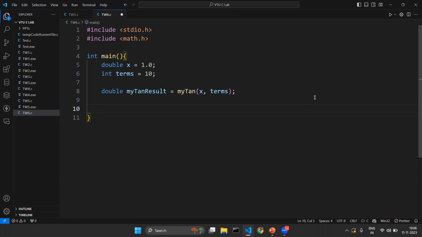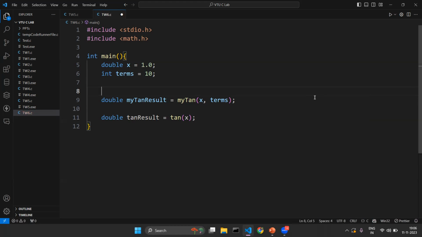And let's have another variable which can hold the result, that is the built-in function result. For the built-in function result, we can directly call tan of x. This will give the result.